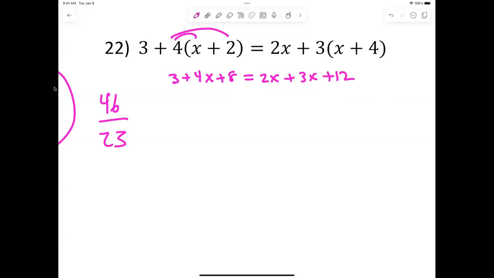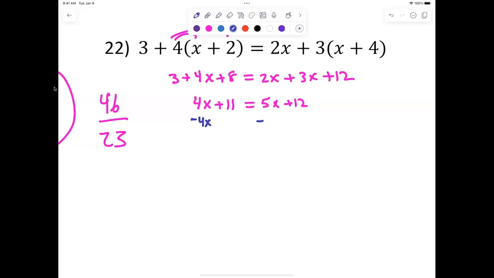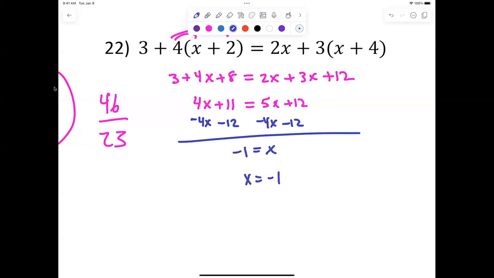Combining terms now. 4x plus 11 equals 5x plus 12. Minus 4x, minus 12. X equals -1.